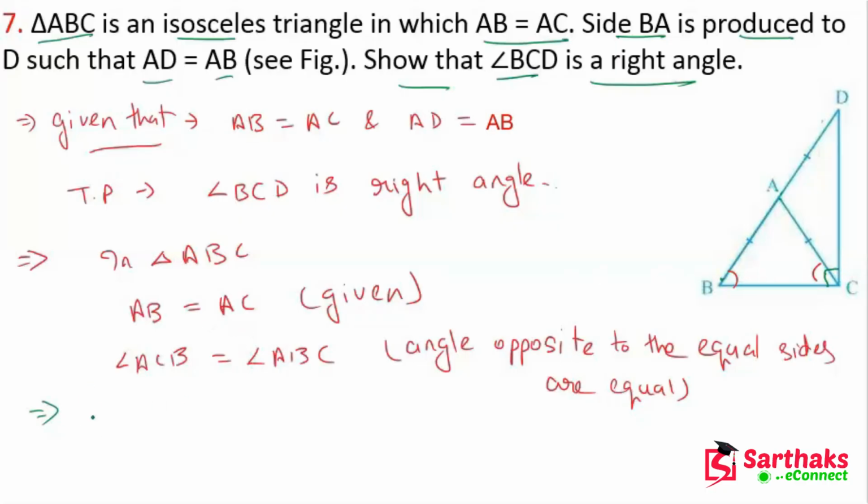So we can write angle CAB plus angle ACB plus angle ABC equals 180 degrees. Since angle ACB equals angle ABC, we can write angle CAB plus twice angle ACB equals 180 degrees.